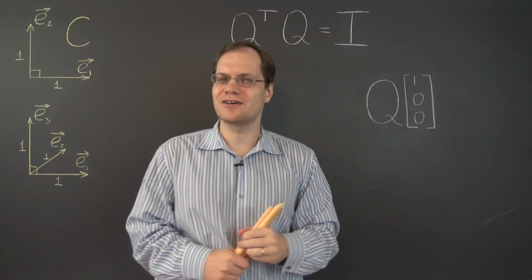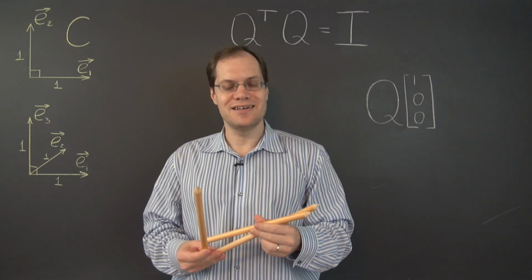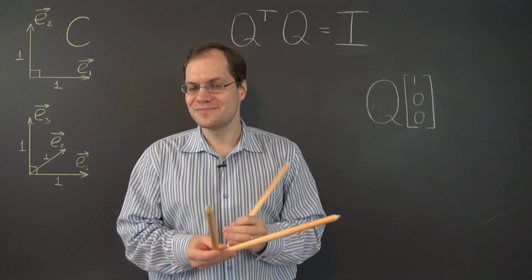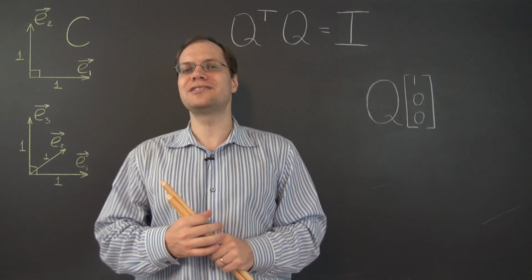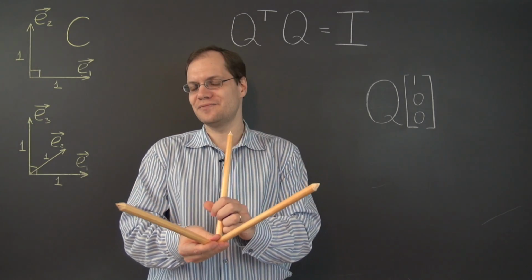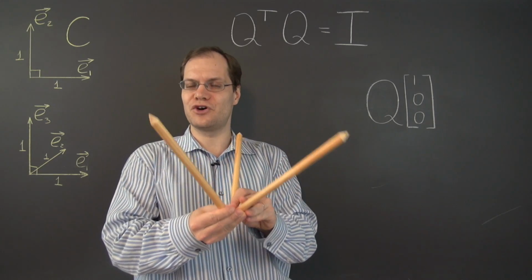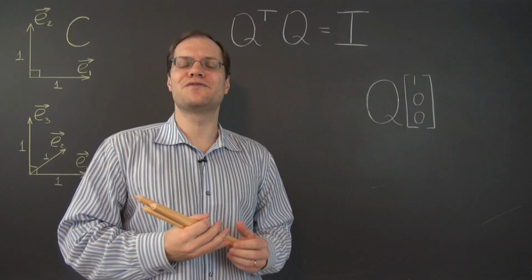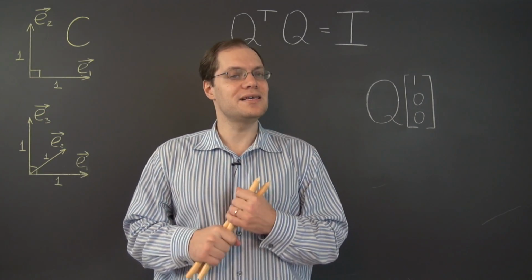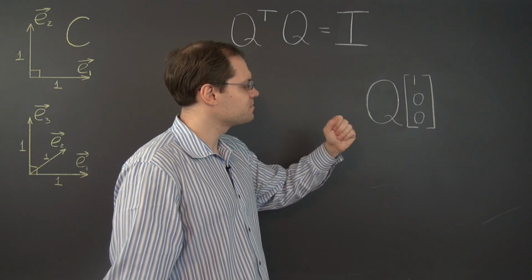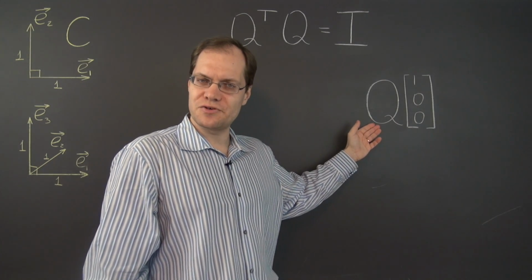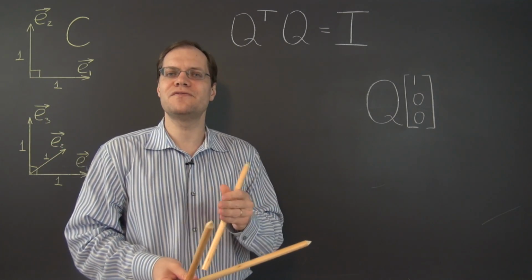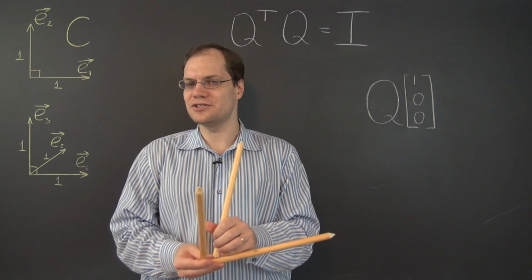It will pick out the first column of Q. Precisely the vector represented by the first column of the matrix Q. So yes, E1 is rotated into the first vector, into the vector represented by the first column of Q. Similarly for the second vector, similarly for the third. So indeed, we easily see that this matrix represents the transformation that will take each one of these basis elements into the vectors represented by the matrix Q.